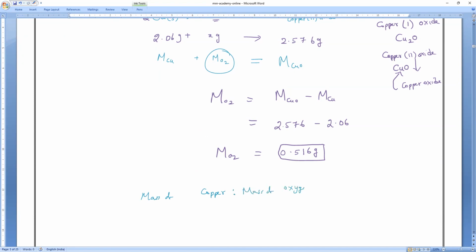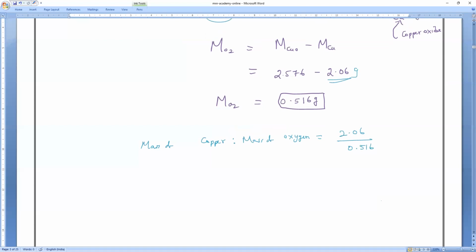What is the mass of copper? 2.06. And the mass of oxygen? 0.516.